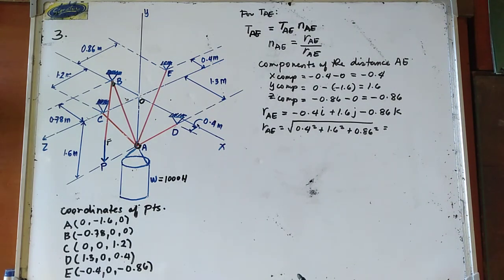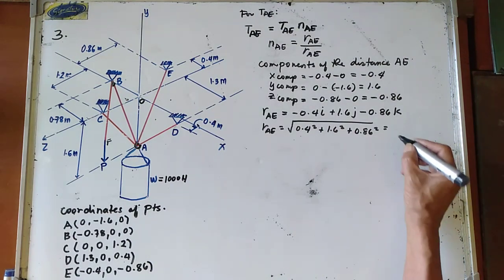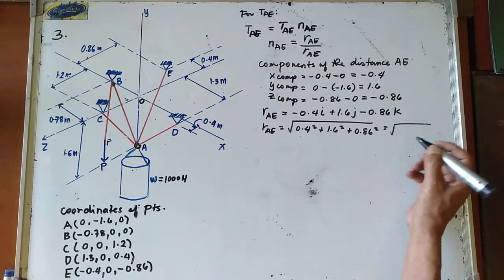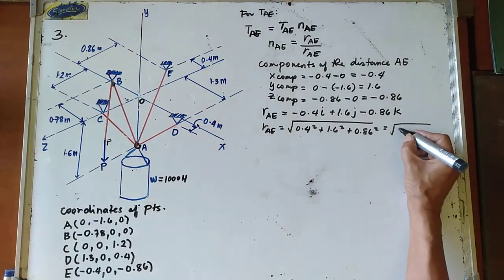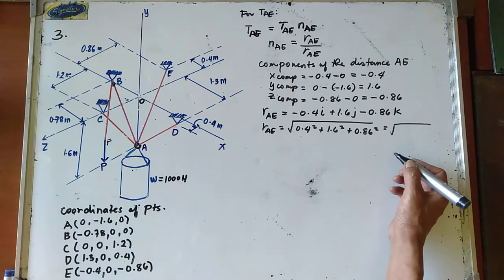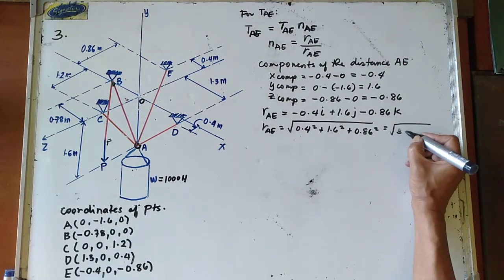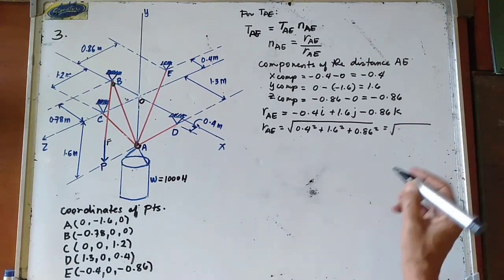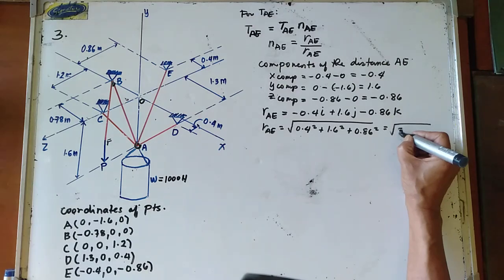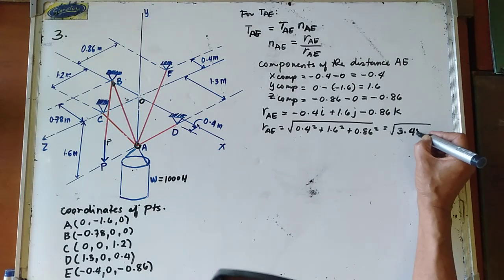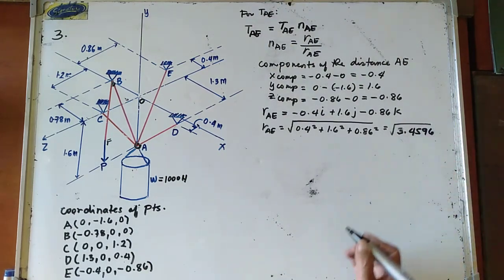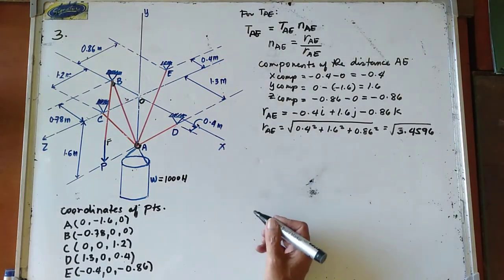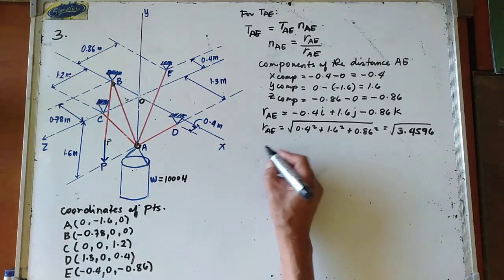And this is therefore equal to the square root of 3.4596.